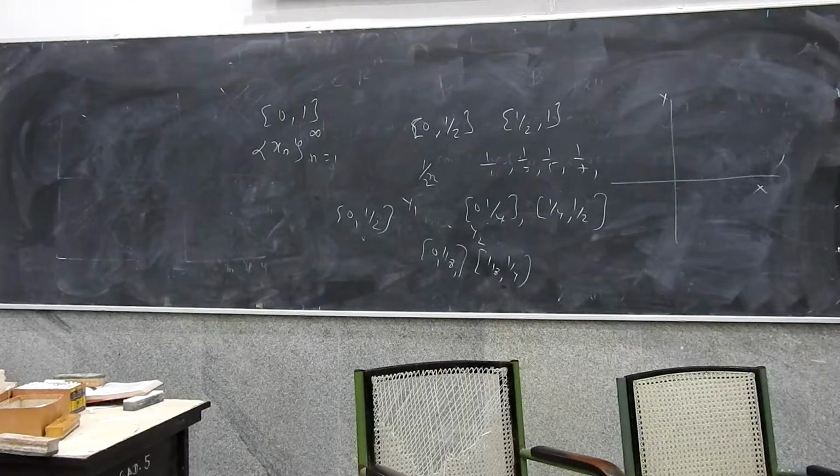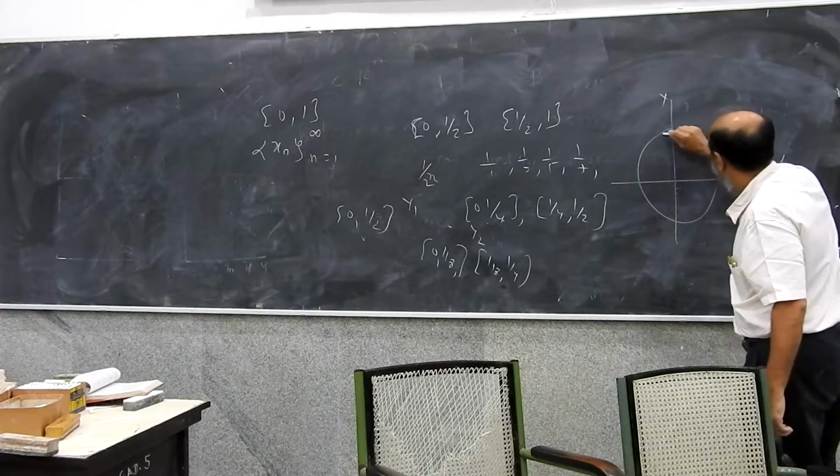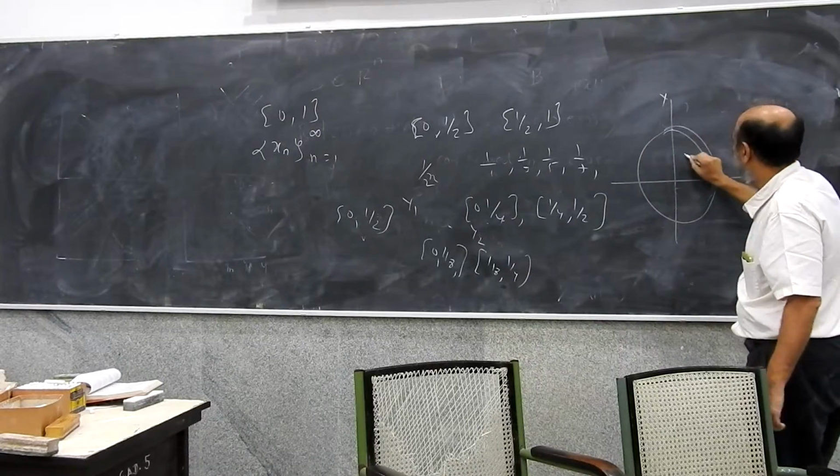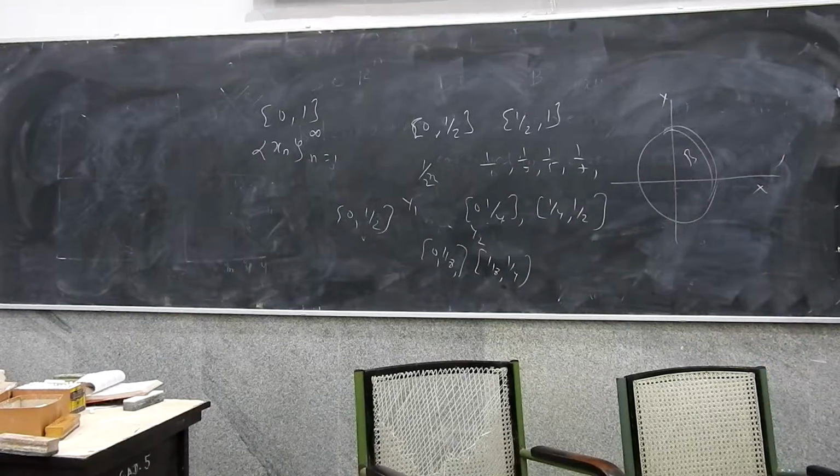How will you draw this area? The set of all points, think of all vectors that are at a distance less than or equal to b from the origin. Circle, right? So it's supposed to be a circle of radius b.